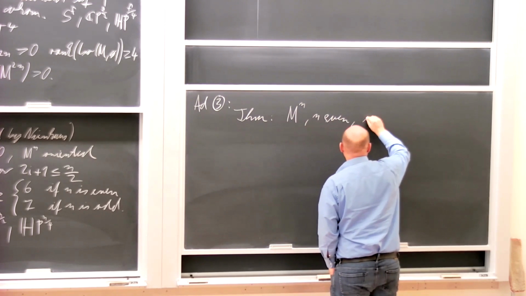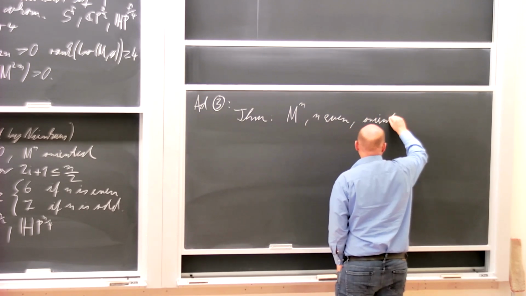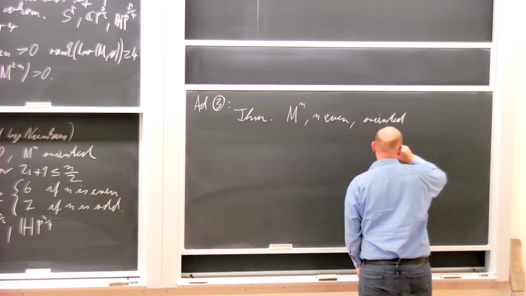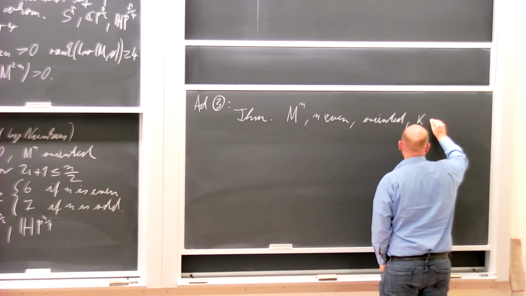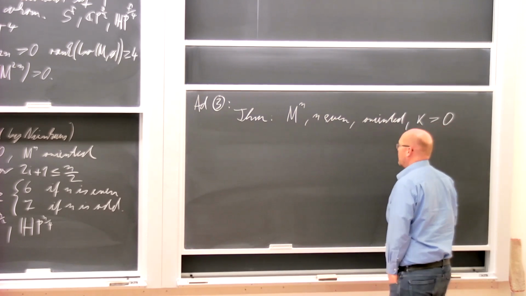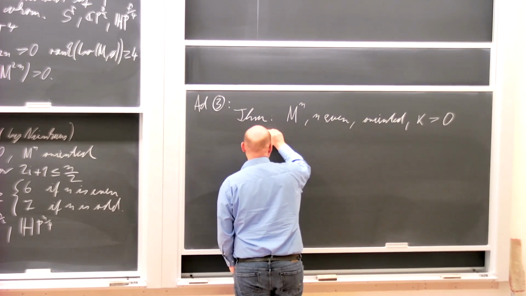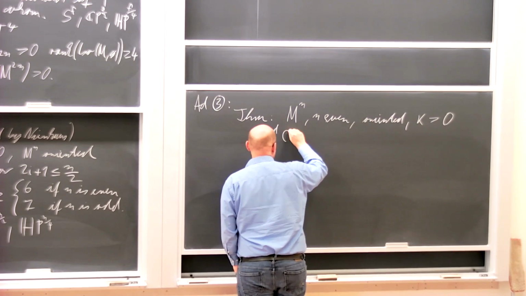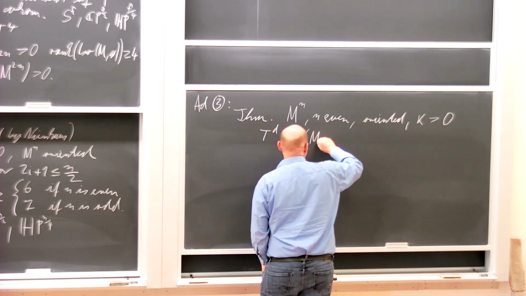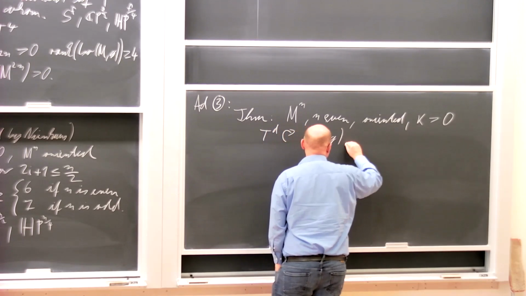We have oriented manifolds with positive sectional curvature, and we assume that we have an effective isometric torus action on it.